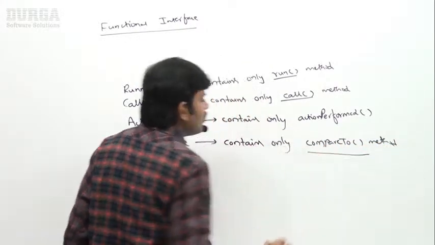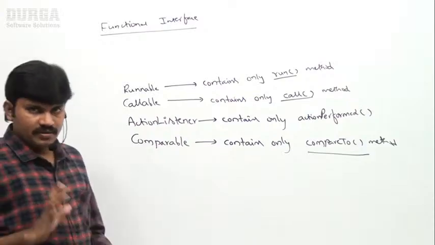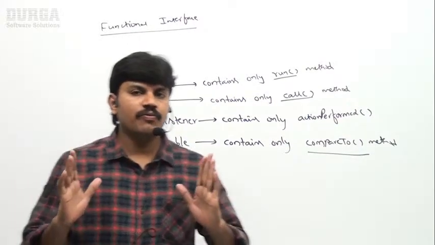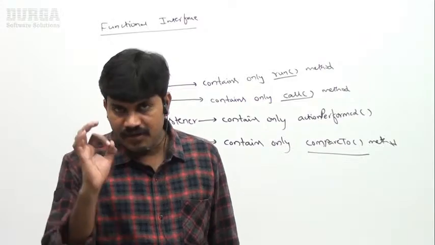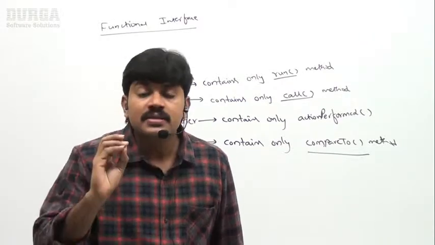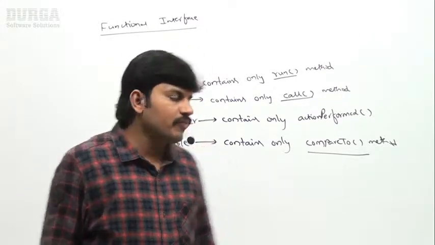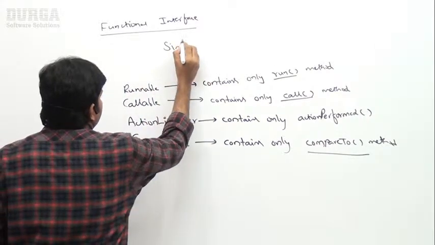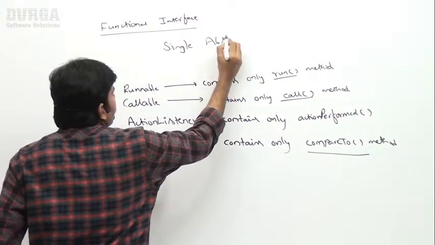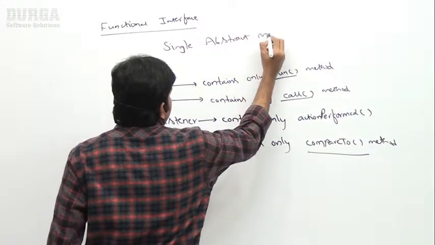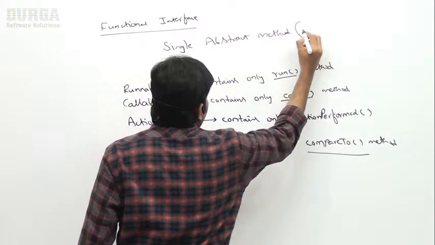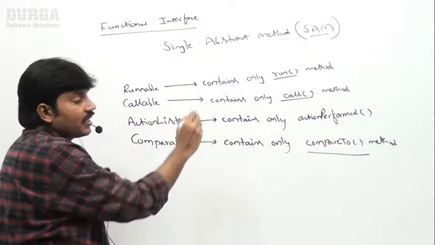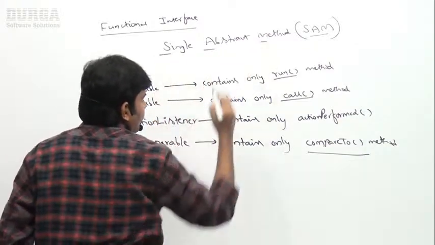Now, the terminology is very clear. Can you spell out what is functional interface? An interface which contains a single abstract method. Can you please observe the word: single abstract method. It is also known as SAM, single abstract method, SAM.